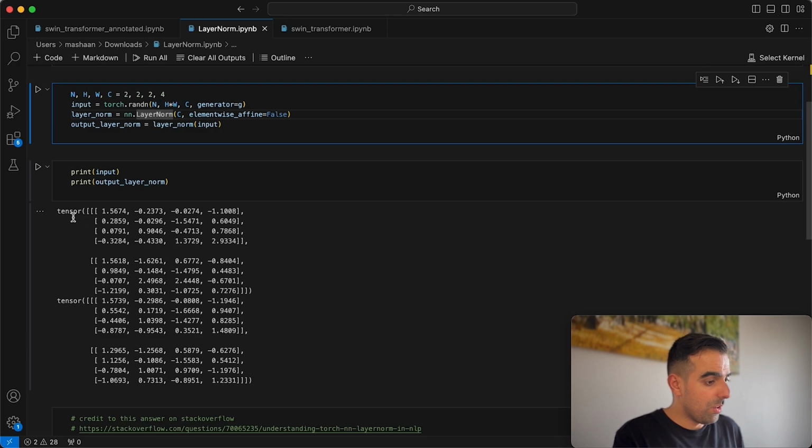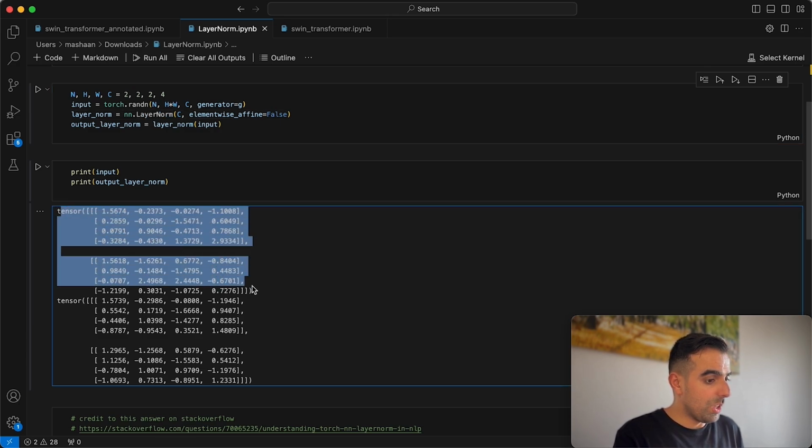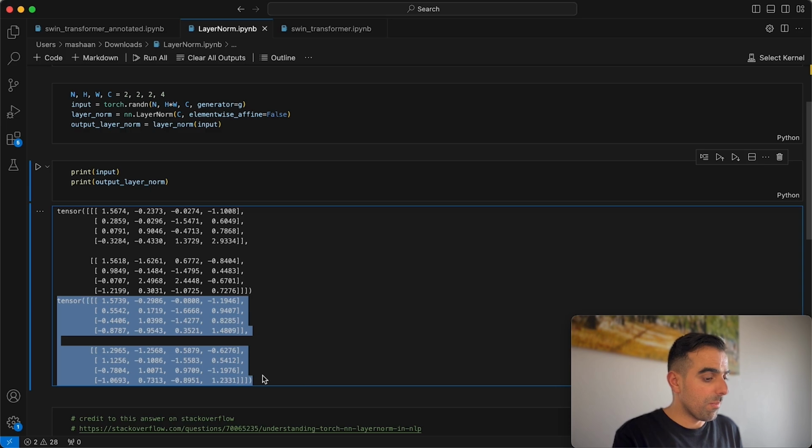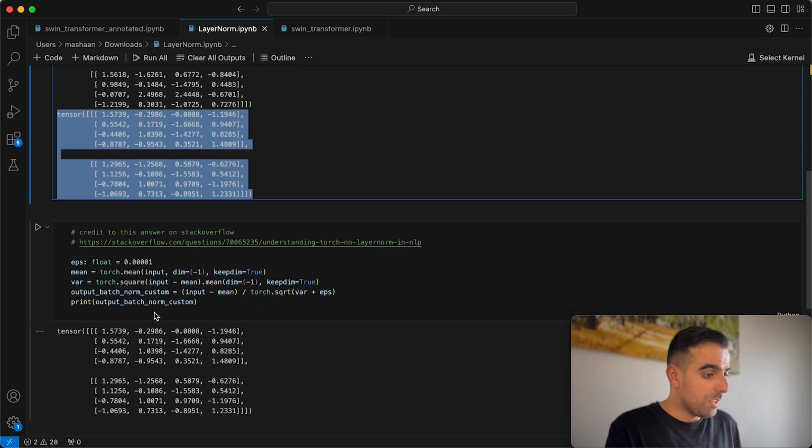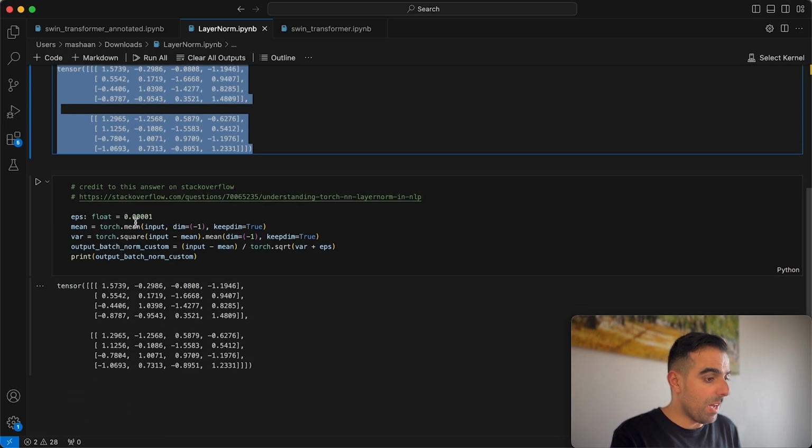This is the original array, and this is the normalized array. Notice that it's the mean along the last dimension, which is channel, and the standard deviation along the last dimension.